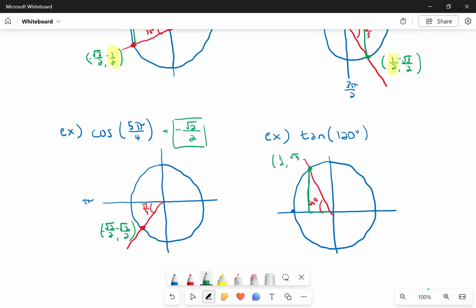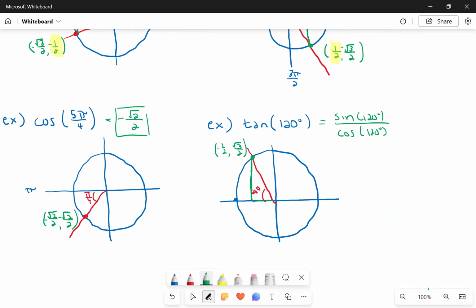The y value is square root 3 over 2. Because it's in the second quadrant, the x value is negative, but the y value is positive. Okay, but tangent happens to be sine over cosine. So I need to calculate what the sine value is over the cosine value.